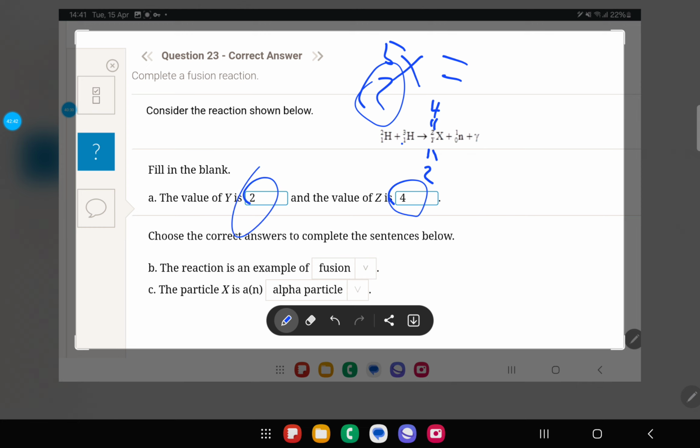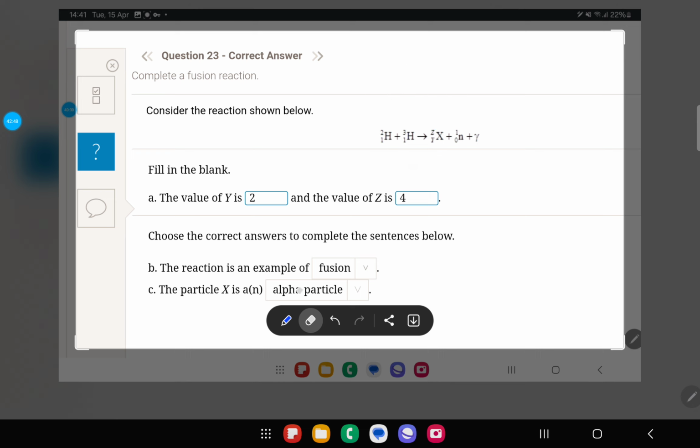Okay? Now for the second one, I feel like I didn't explain well, so I'll just explain again. These two add up to form a nuclide, 5 and 2. Now this is equal to this, which is X, z, y, plus 1, 0, n. So z will add up to 1 and y will add up to 0, right?